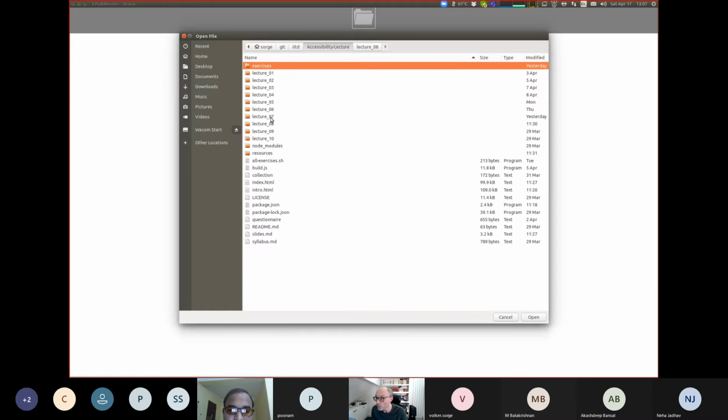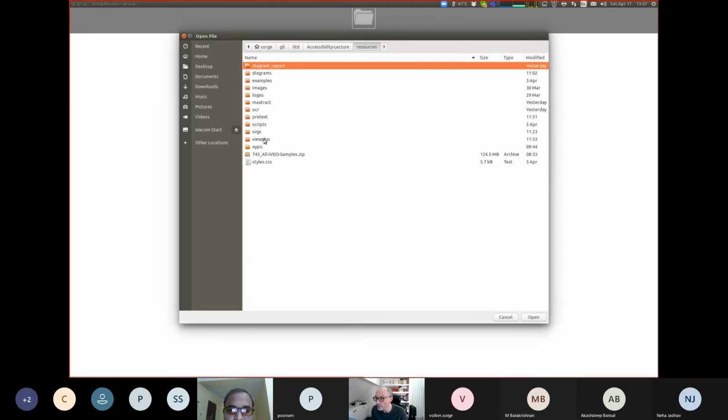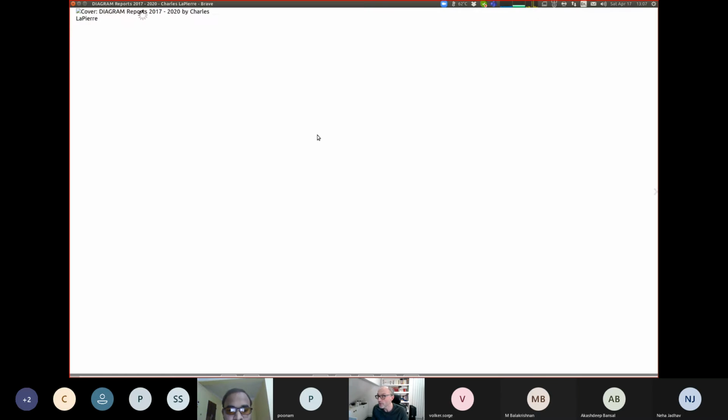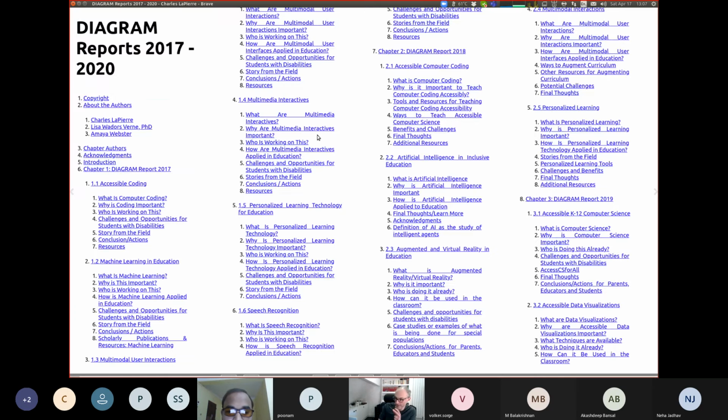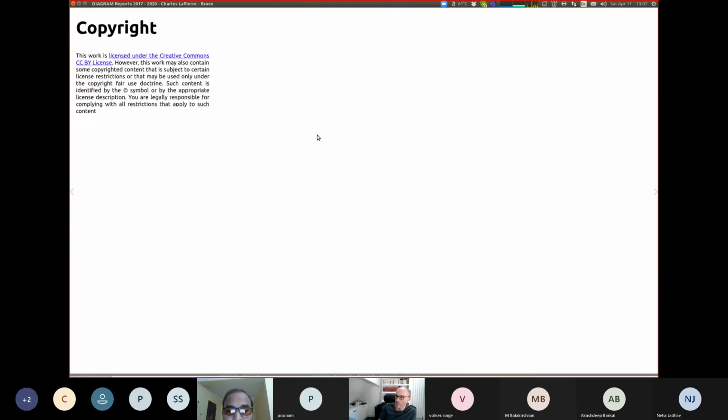Let me have a quick look where the document is. That's the EPUB document. This is an EPUB document of the reports for the diagram center, which is centered by Benedict. It's all very nice and very lovely. So this is an EPUB.